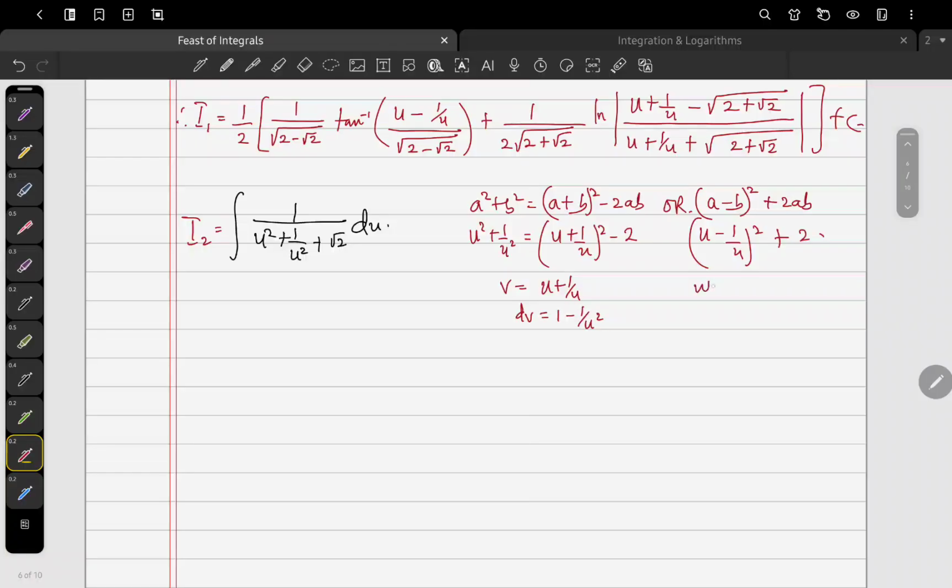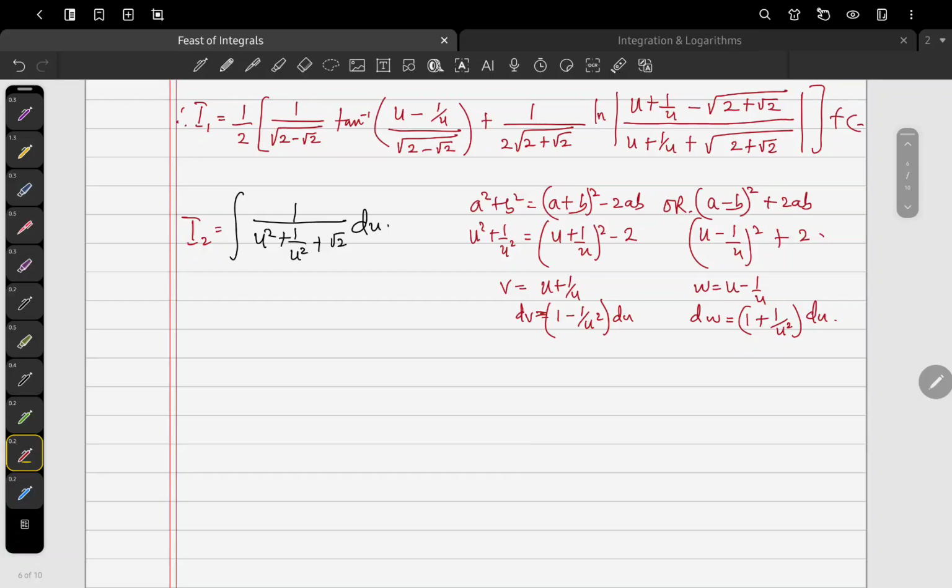And if we set w is u minus 1 over u, so this is du, the dw is 1 plus 1 over u squared du. So I need to generate 1 minus 1 over u squared and 1 plus 1 over u squared in the numerator. The numerator here is 1.